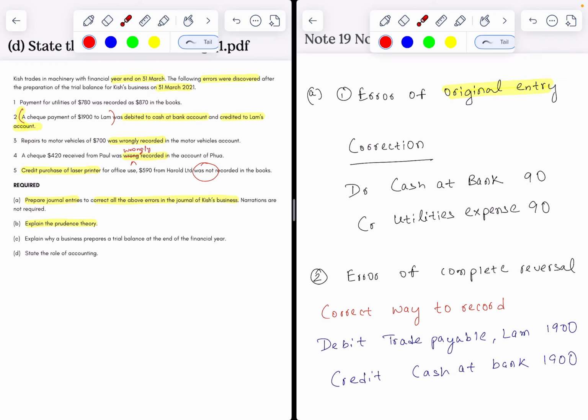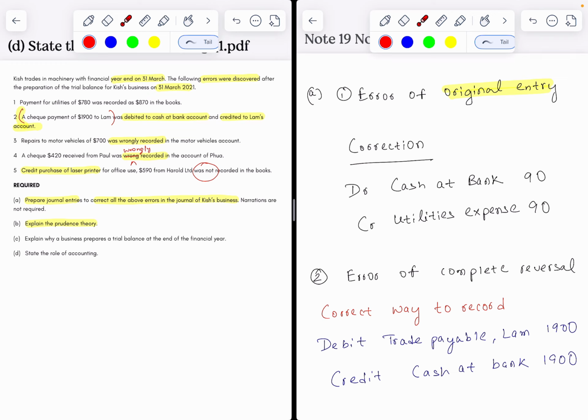So this was the mistake that the bookkeeper would have done, where the expenses would have been overstated by $90, which is the difference between $870 and $780, and the cash at bank account would have been credited or understated by $90 because of the excess payment. All right, so how do we correct this?